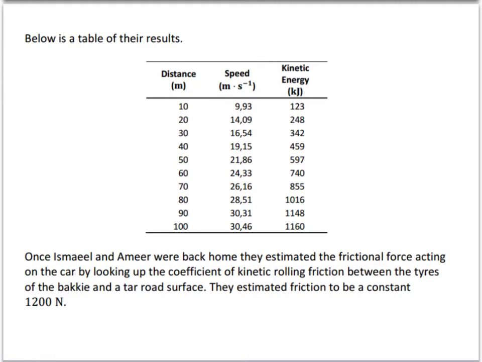The results are tabulated, and here we have a table of distances, speeds, and kinetic energy. The last piece of information we have is that an estimation of the friction acting on the bucky is 1,200 newtons, and that was obtained using the mass of the bucky as well as the coefficient of kinetic friction between tires and the road surface.